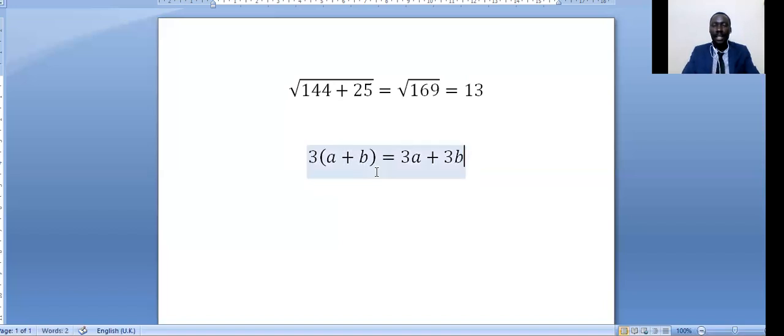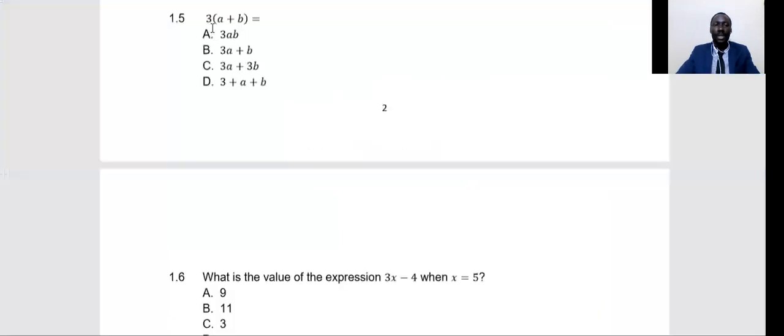And that becomes the answer to the question. So 3 into A plus B gives us 3A plus 3B, because this 3 which is outside the bracket has got to multiply A, and also multiply B.